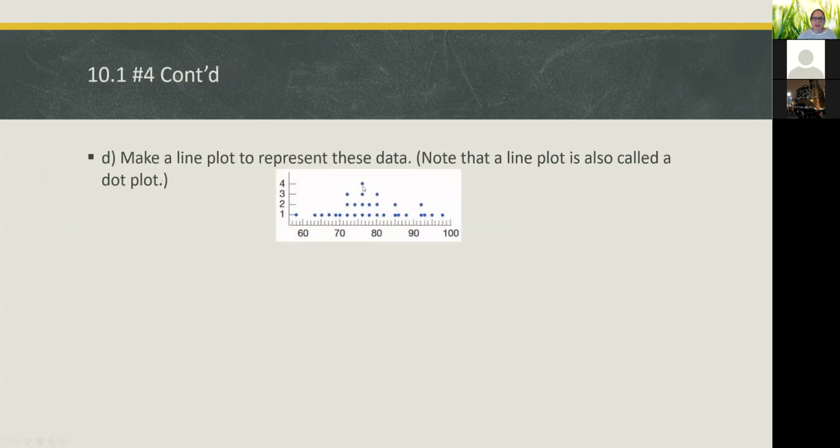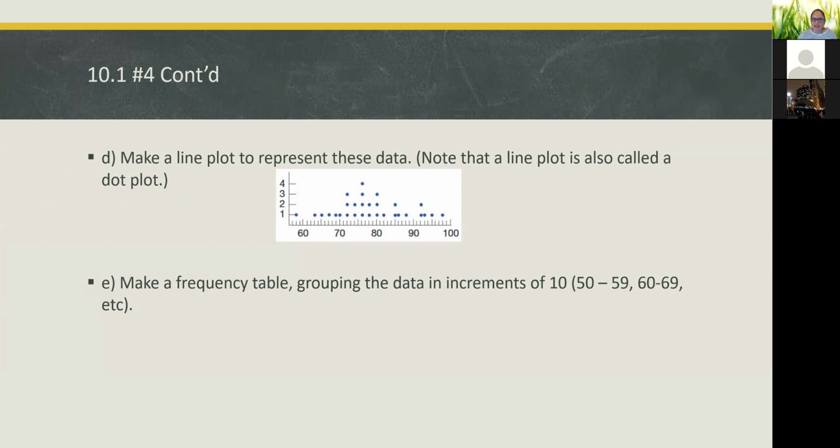When we make this, we're going to put 4 dots above the score of 76, and then the 3 dots are going to be above the score of 74. There was only 1 score of 58, there was only 1 score of 98. So the number of dots shows us how many times that particular value showed up in the data set. Sometimes we'll make this, but instead of using dots, we'll put X's, and that's okay.